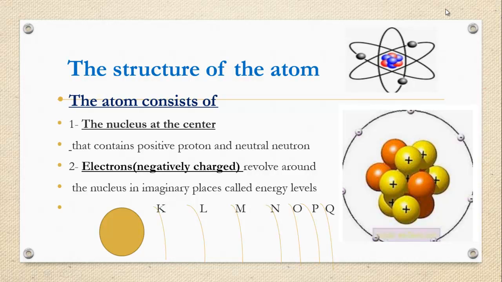Electrons revolve around the nucleus in all directions. So the atom contains three main parts: positive protons, neutral neutrons, and negative electrons.